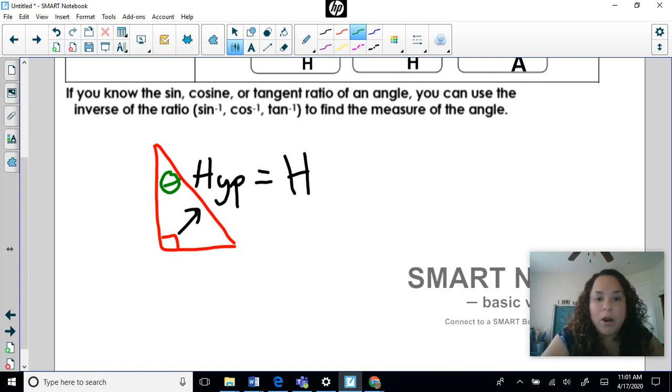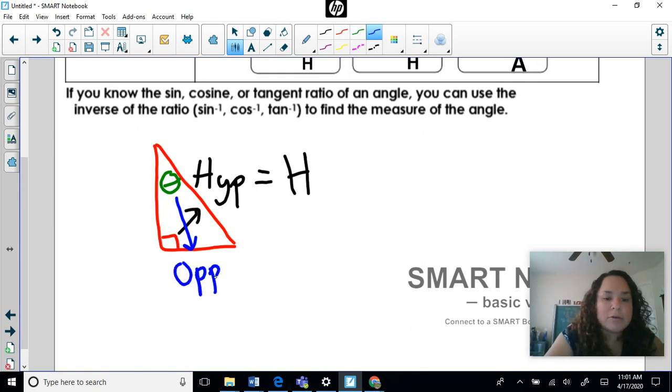When we are given a right triangle with an angle, when we look at the side across from that angle, then we call that the opposite side, abbreviated OPP for opposite, or just use the letter O to represent opposite.